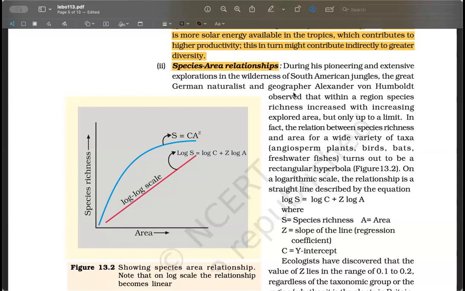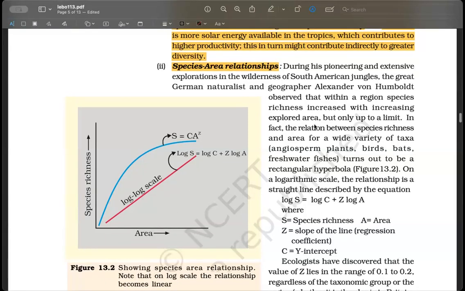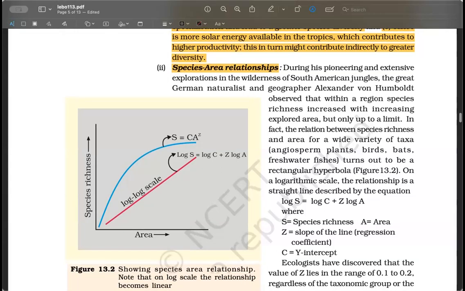So the species area relationship tells us that when Alexander von Humboldt was doing this, he was a naturalist. When he was doing these observations, he realized that within a region, species richness increases with increasing the explored area, but only up to a limit.